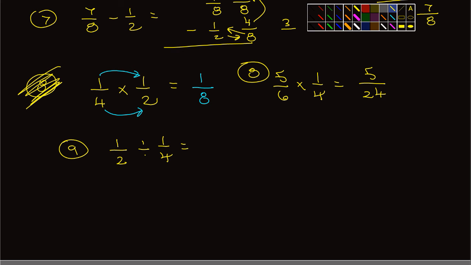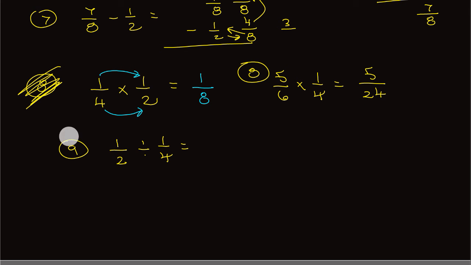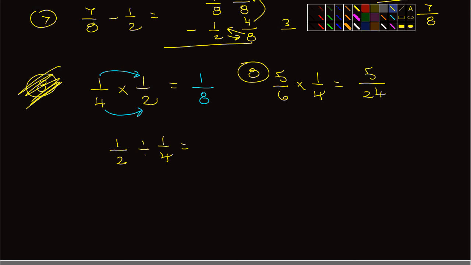Actually, this won't be number 9. I'm just going to show you how to do one first. All right. So the first rule is to change it from division to multiplication, and then you flip the second fraction.